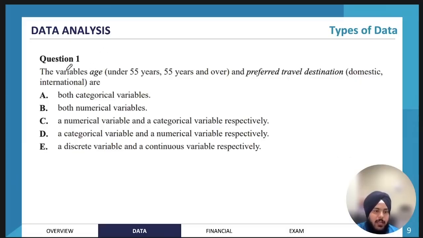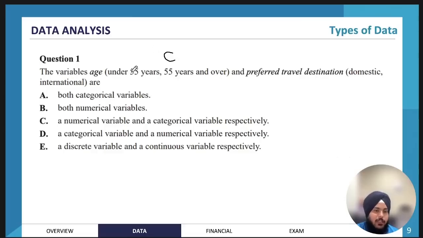If we look at age, although you would normally associate it with a numerical variable because it's something we can measure or count, in this case the brackets give us more description of how age is being classified. Age is being classified as under 55 years and 55 years and over. So these are discrete categories into which individuals will be placed. Therefore, this will be a categorical variable.